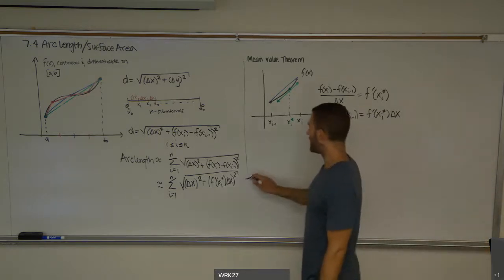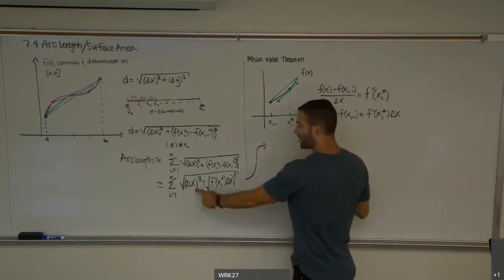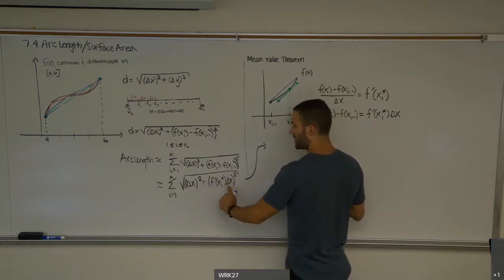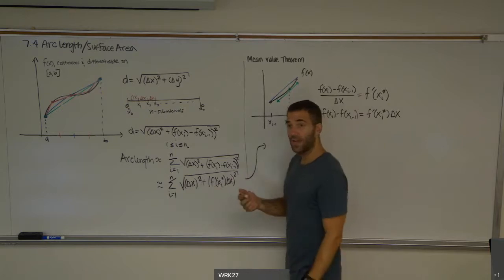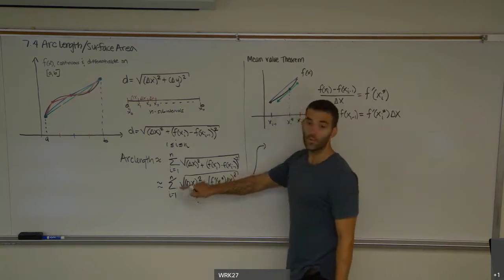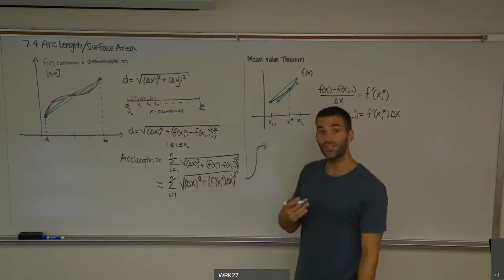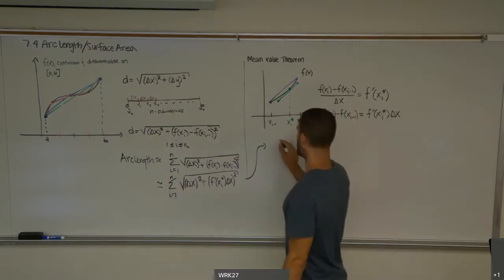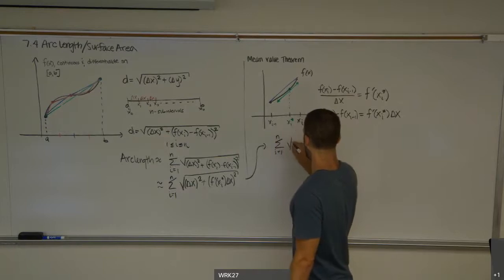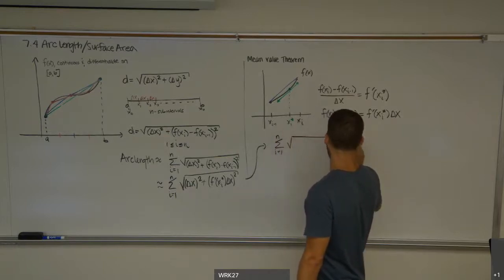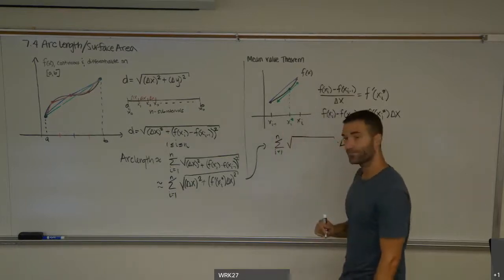Now that I've done that, what I have is a delta x squared in common. If I distribute the square to each term, they each have a delta x squared, which I can factor out. And then I can also take it out from underneath the root, because the square root of delta x squared is just delta x. And so simplifying this expression, we can pull a delta x out from the root entirely.